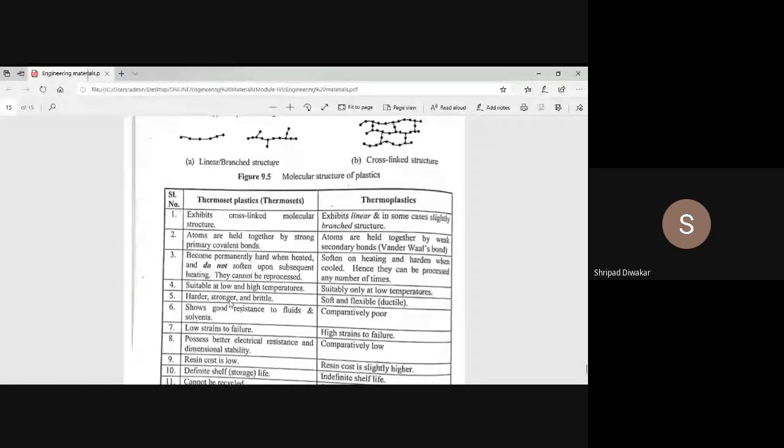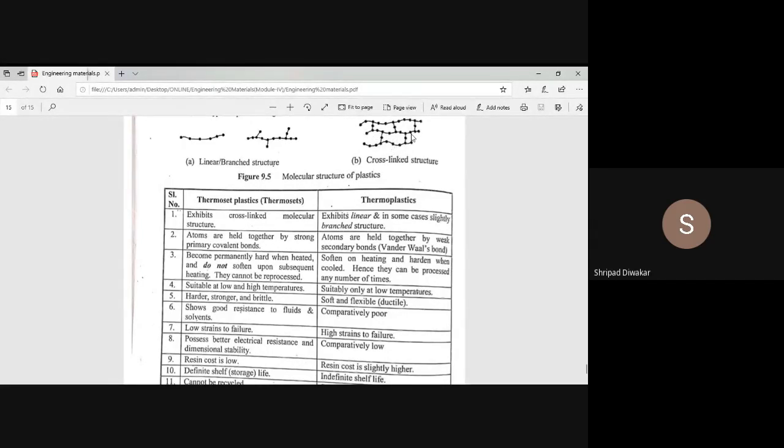Next, the third difference: thermoset plastic becomes permanently hard when it is heated, and it is not possible to soften it upon subsequent heating. Once you heat it, it becomes completely hard, and it is not possible to reprocess it because of the strong primary covalent bonds.